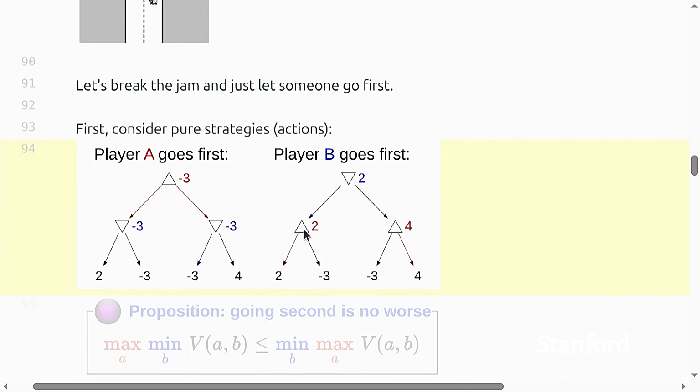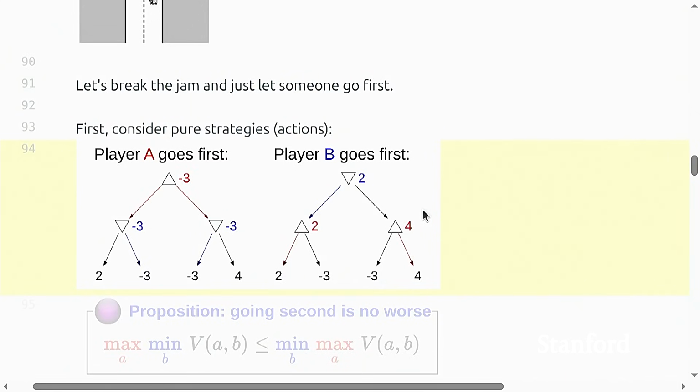So if player B goes with 1, then A is going to play 1. If player B goes with 2, A is going to play 2. And then B, knowing this, is going to play 1 because player B is trying to minimize, and 2 is less than 4. Okay. So we solve this, but for these weird games that we don't really care about.